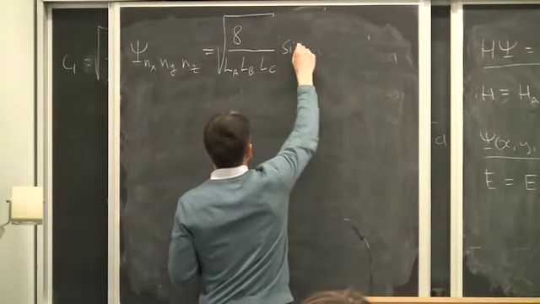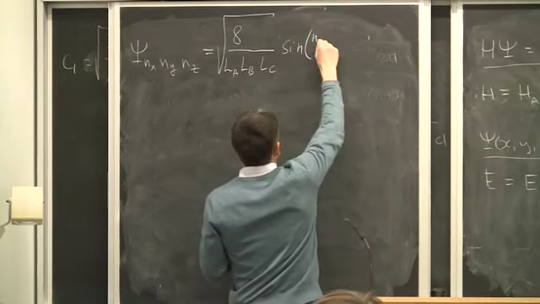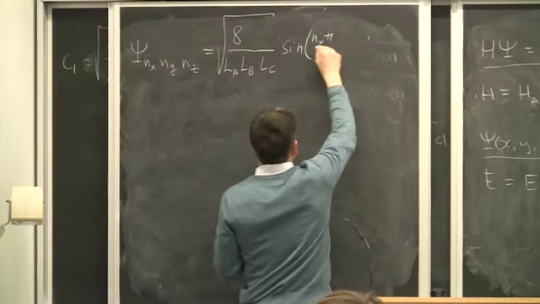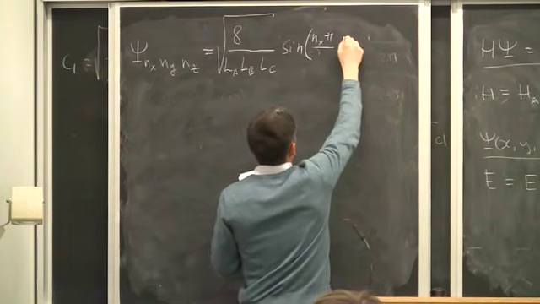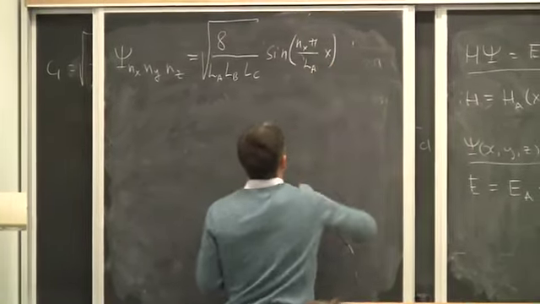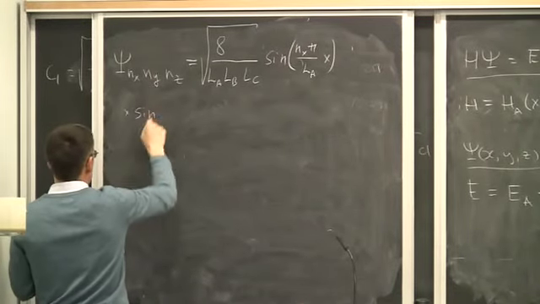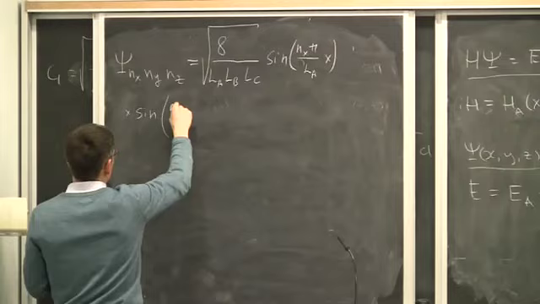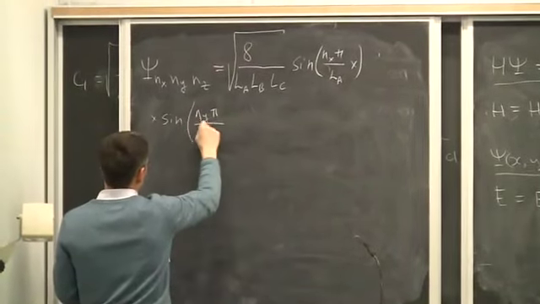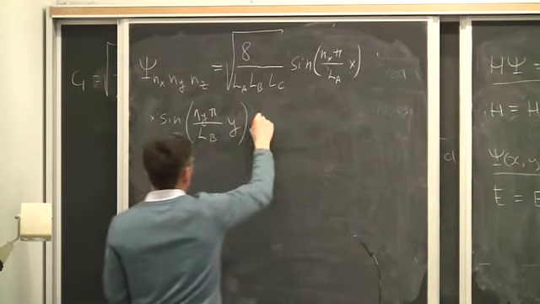And then you have sinusoidal functions per dimension: sine of n_x pi x divided by L_A, times sine of n_y pi y divided by L_B, and so on for z.